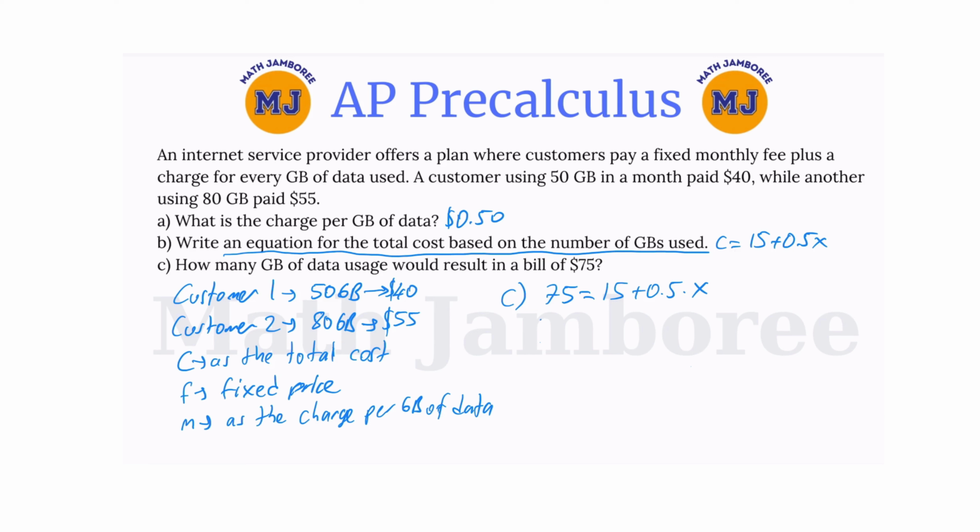We will take away 15 from both sides: 60 equals 0.5x. Then we divide both sides by 0.5 to get x by itself. Dividing 60 by 0.5, you get 120 gigabytes. So the answer for this one is 120 gig.